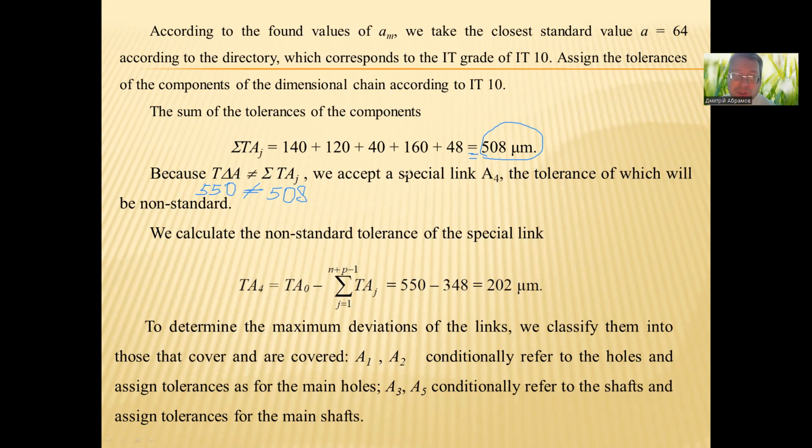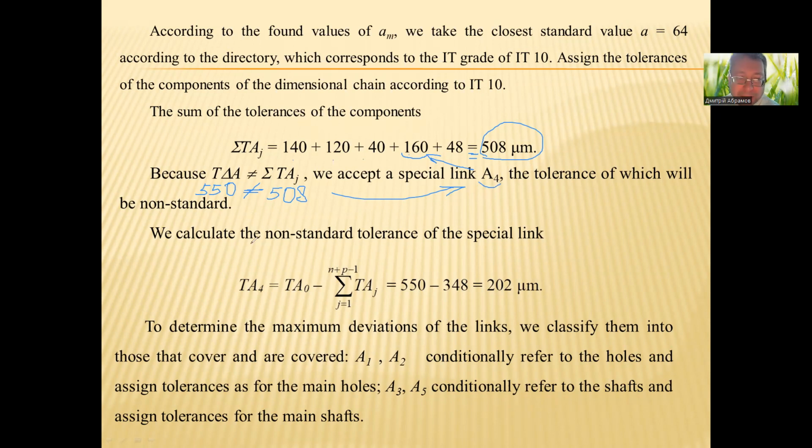So we accept the special link, because it's not equal. We accept the special link A4, the tolerance of which will be non-standard. A1, 2, 3, 4. The standard tolerance field for A4 is 160, but we can calculate a non-standard tolerance field for this special link.